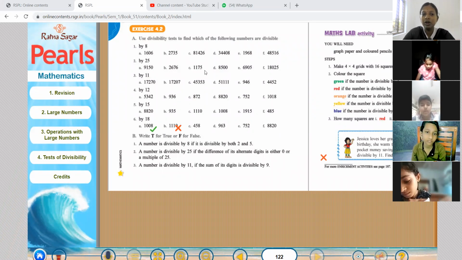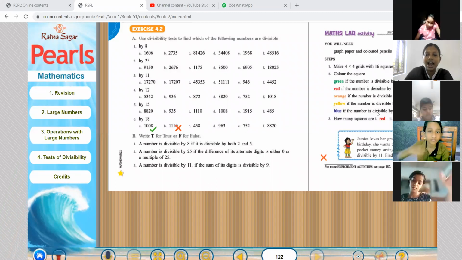Then what about the third one, 458? It's divisible by 2 because the last number is 8. Here the last number is 8, hence we can say that it is divisible by 2. And then we have to check the divisibility by 9. How will you check it?